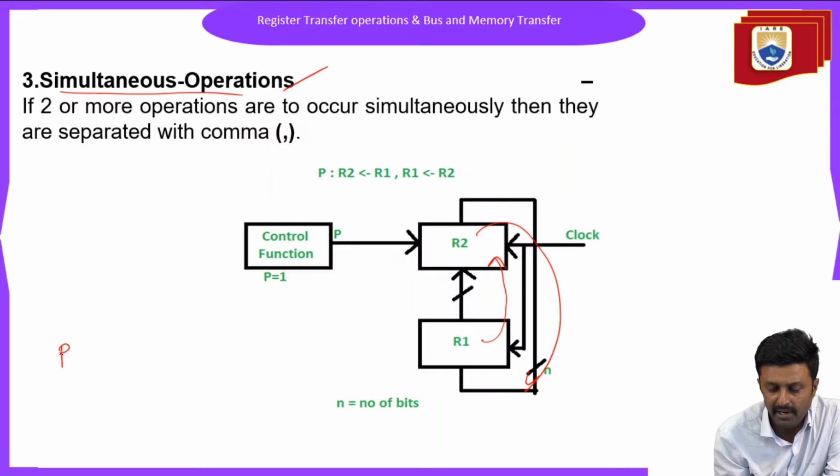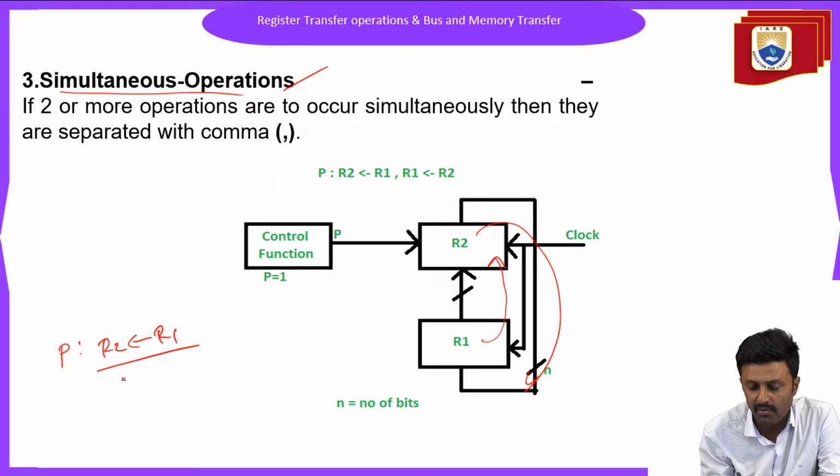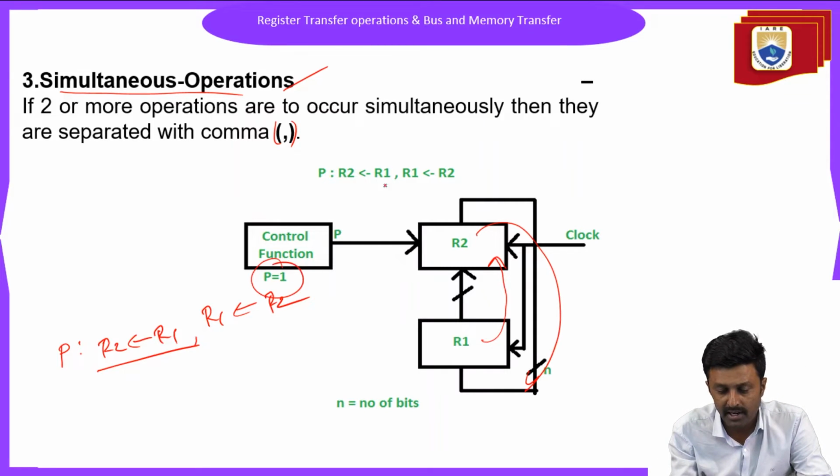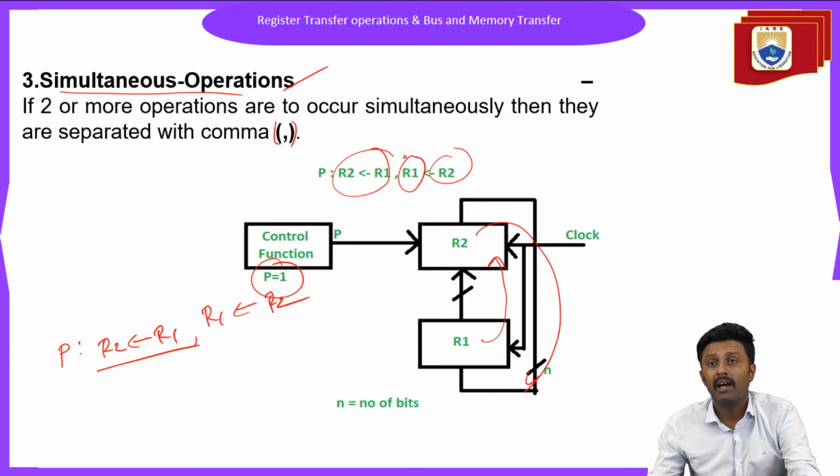I will be writing P colon R2 gets R1, which will move the content of R1 to R2. To perform both operations we use a comma, then R1 gets R2. So when P equal to 1, the content of R1 is moved to R2, and at the same time the content of R2 is moved to R1.